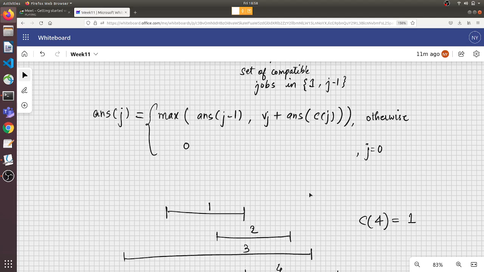If we do it in increasing order of finish time, then we know that all the jobs which are coming before j have their finish times less than j. Otherwise we don't know that, and the formulation that we have here may not work. And I'm not sure about any other formulation right now.